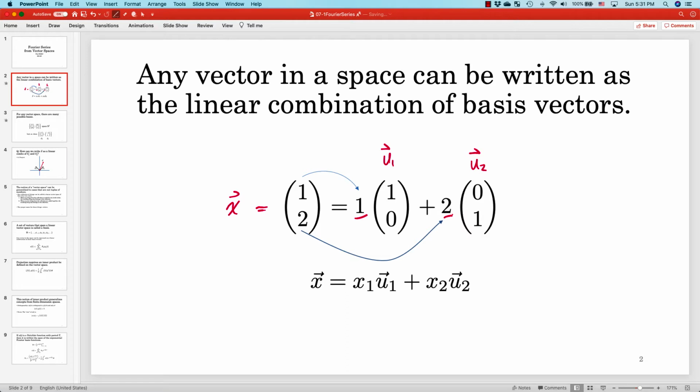So in this way, if we're just talking about what's called the standard basis, we can find out the scaling factors because they are encoded directly in the vector x.